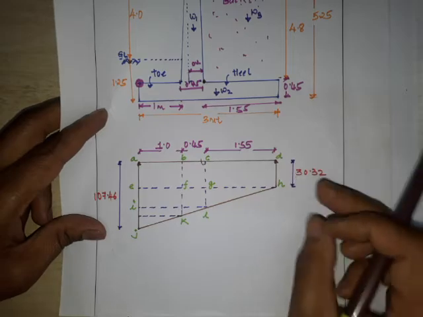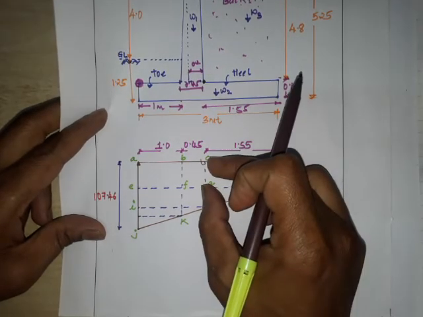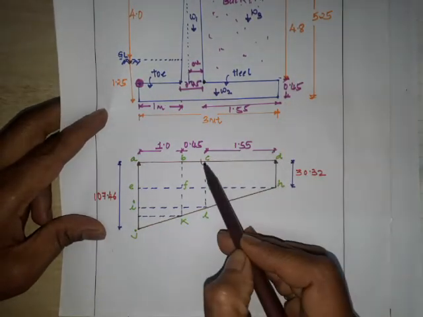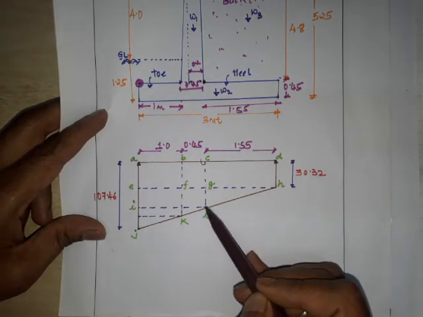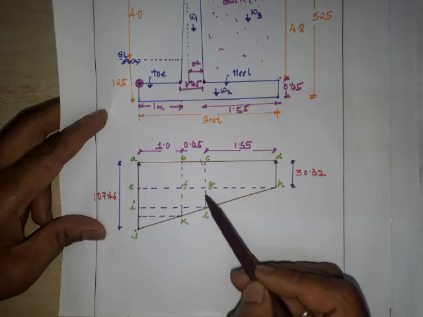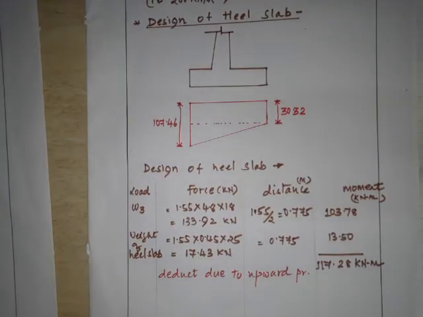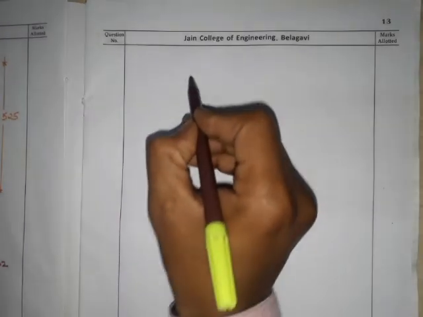So this height, what you can see, is nothing but the same as 30.32. This will be directly 30.32, but I have to find out what should be this height. So I'll just draw a rough sketch. Same way with respect to this, I'll draw here.